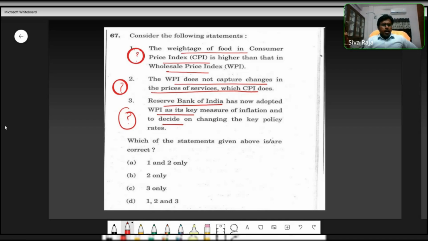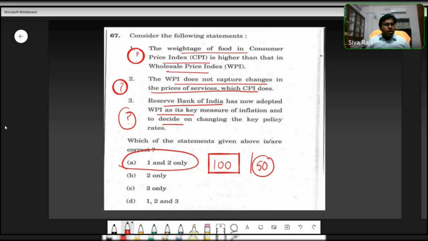Answer is very good. That is the point. See, our objective is to clear this and get 100 questions from this 50. So A is the correct answer. Here, you should now look at RBI.